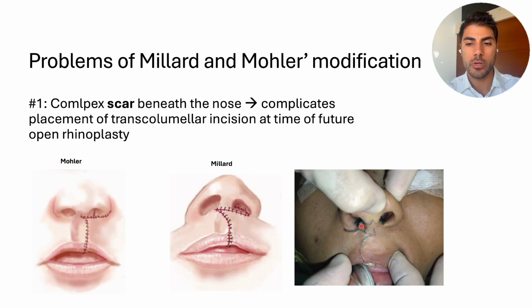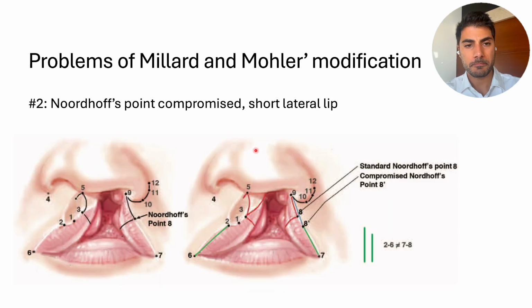So they will have to use a second scar for the secondary rhinoplasty, and thus we will now have a double amount of scarring, and it will further complicate things. First of all, it complicates the placement of the transcolumellar incision at the time of a future open rhinoplasty. And the second problem is the Nordhoff's point.